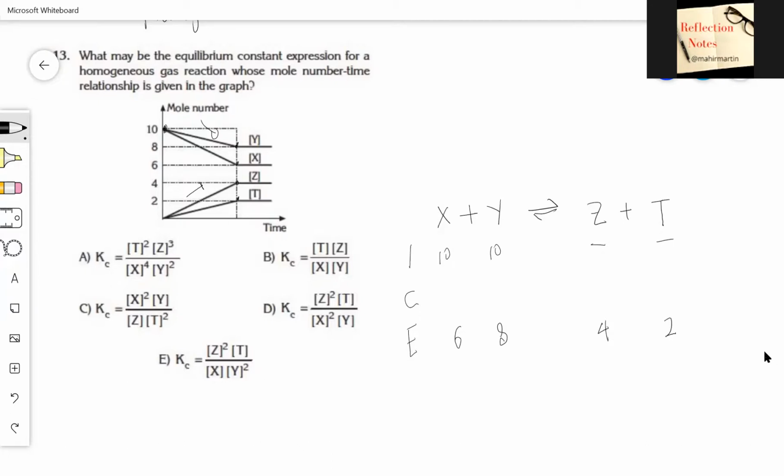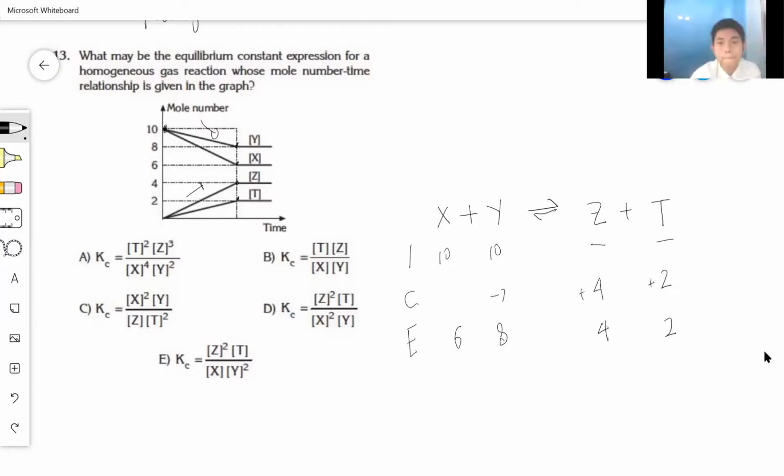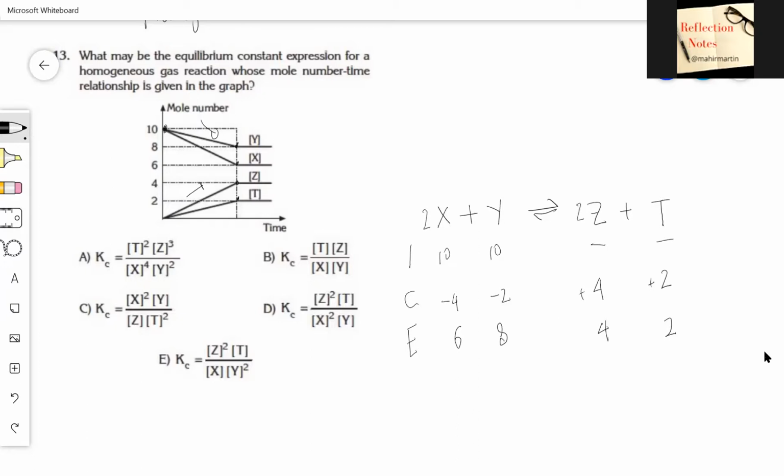So from here, Y changes by minus 2 and X by minus 4, so the coefficients of X, Y, Z, T will be 4, 2, 4, 2. So the ratio is 2, 1, 2, 1, or 4, 2, 4, 2.